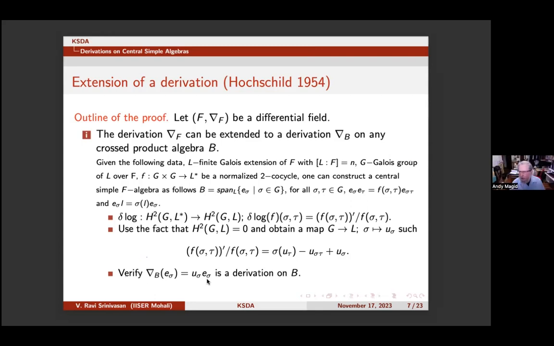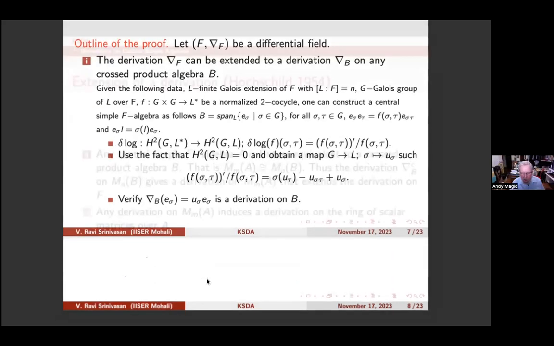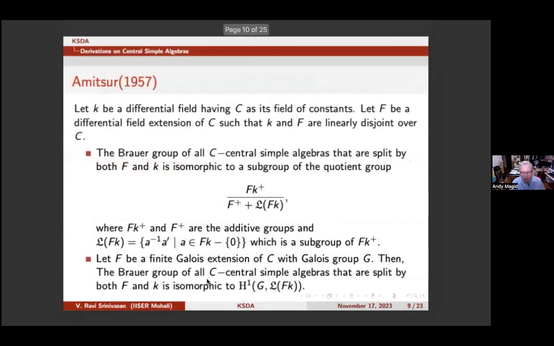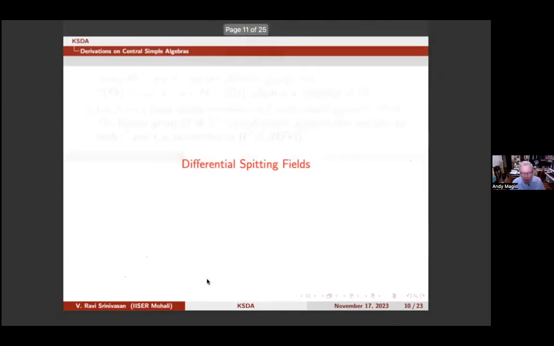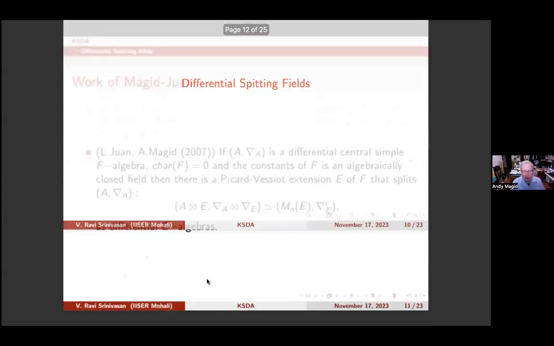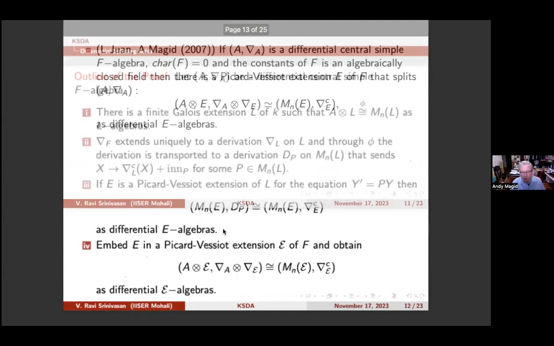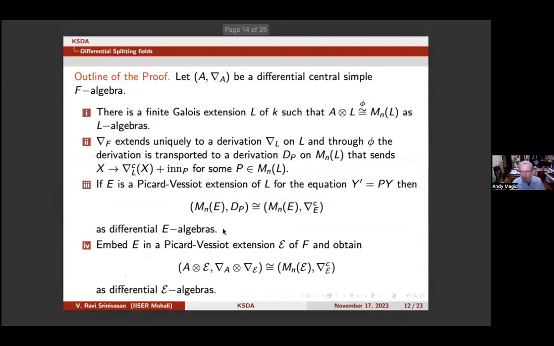Maybe your last slide explained this, but it's nonetheless true that in general, given any differential field and a differential Galois group, you can find a central simple algebra that has that.